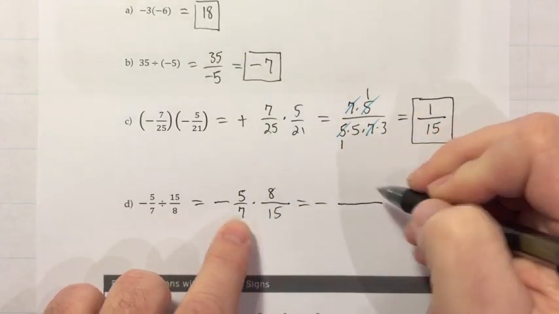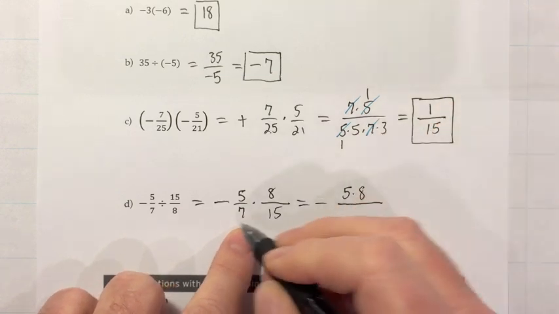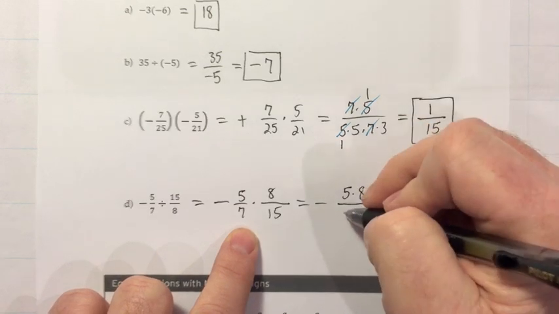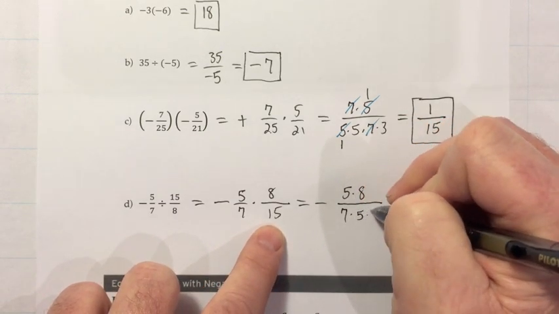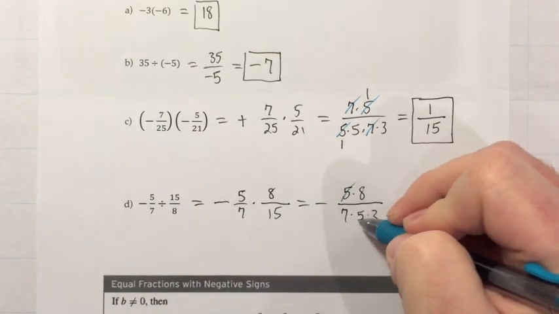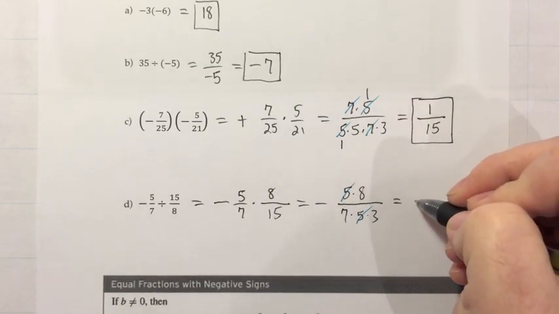Thinking about common factors, the 5 goes into the 15. 8 is just made up of 2's, and there's no 2's in the bottom, so there's no need to factor the 8 and show those 2's. Copy the 7, break the 15 up into 5 times 3, so we can see that 5 that we can cancel. Cancel that 5, right, and multiply the leftovers, so we have that negative.